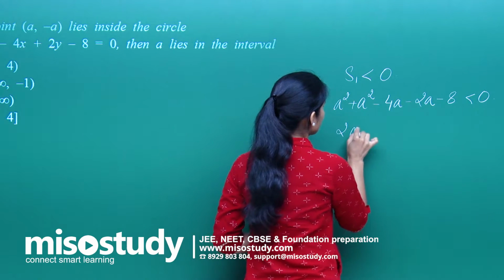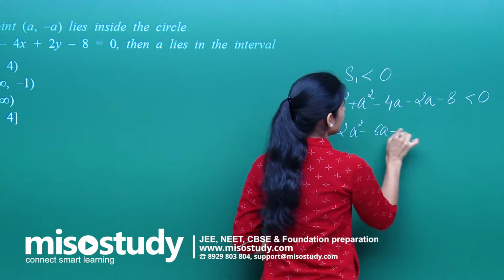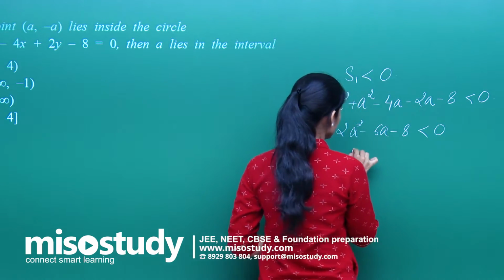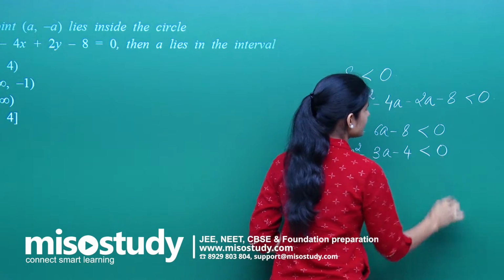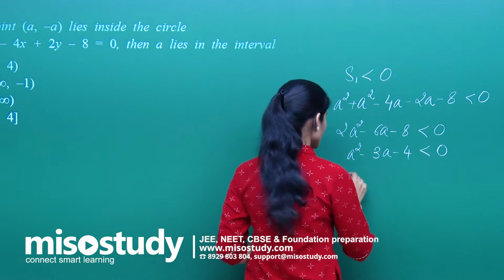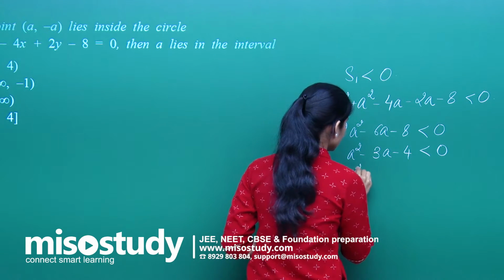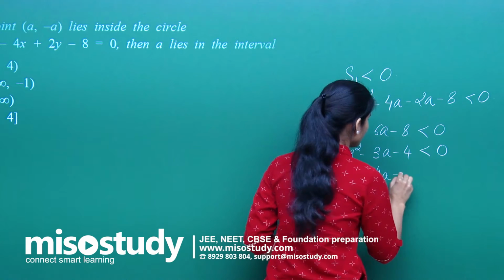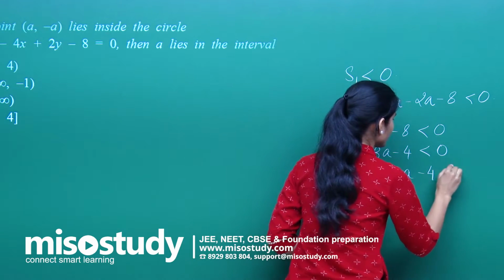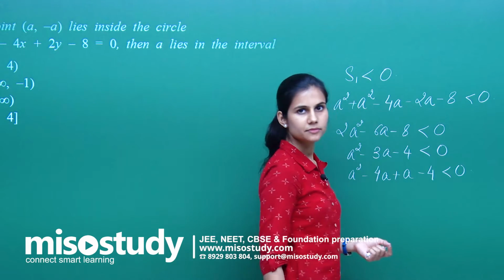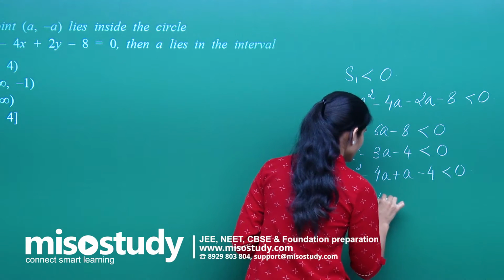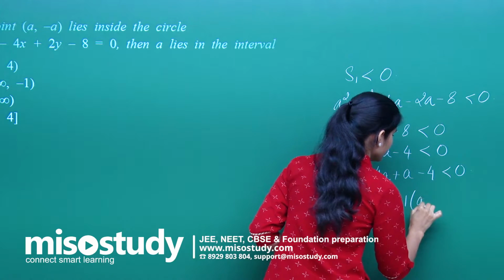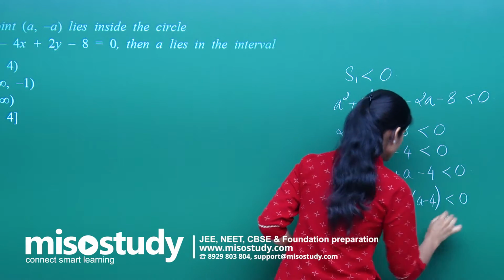So you get 2a square minus 6a minus 8 is less than 0, which means a square minus 3a minus 4 is less than 0. Right? So what you need is a square minus 4a plus a minus 4 is less than 0, isn't it?